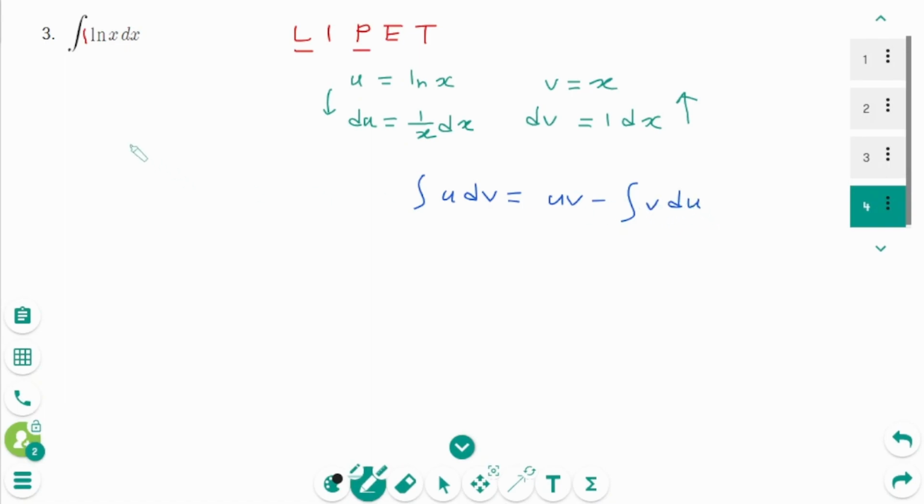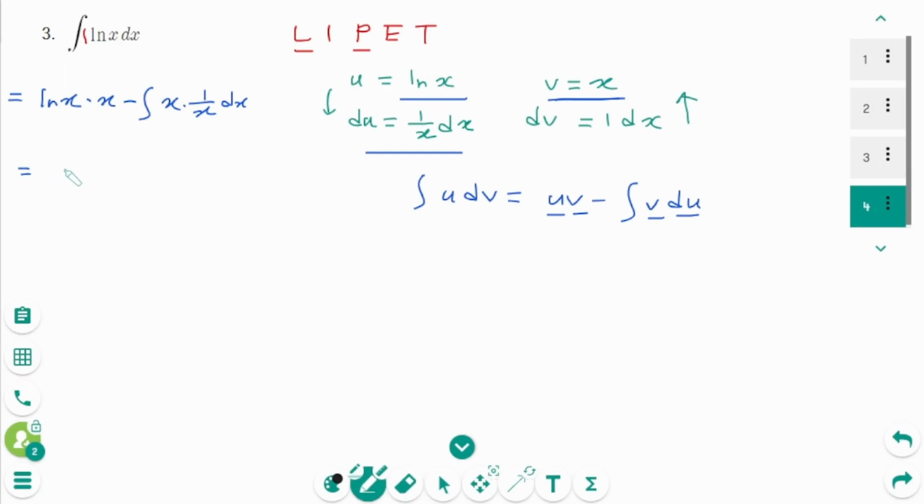Then back to the original. u part is ln x, v part is x, minus the integral of v part is x, then du part is 1 over x dx.